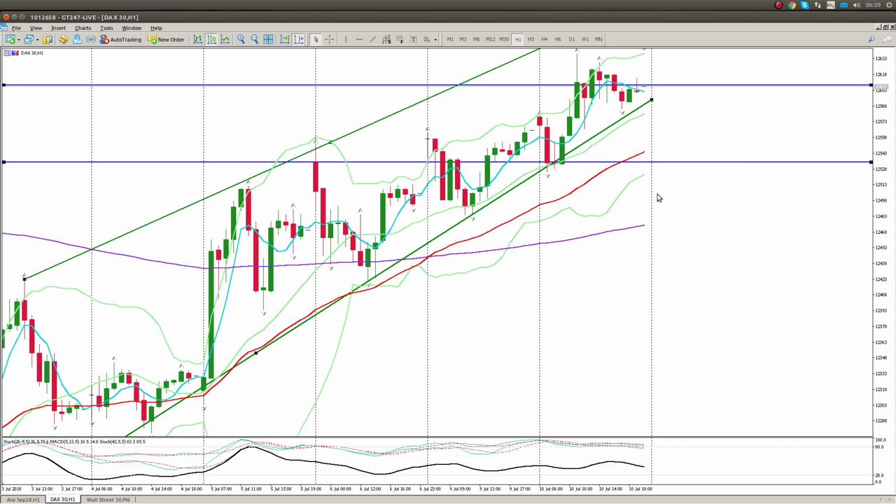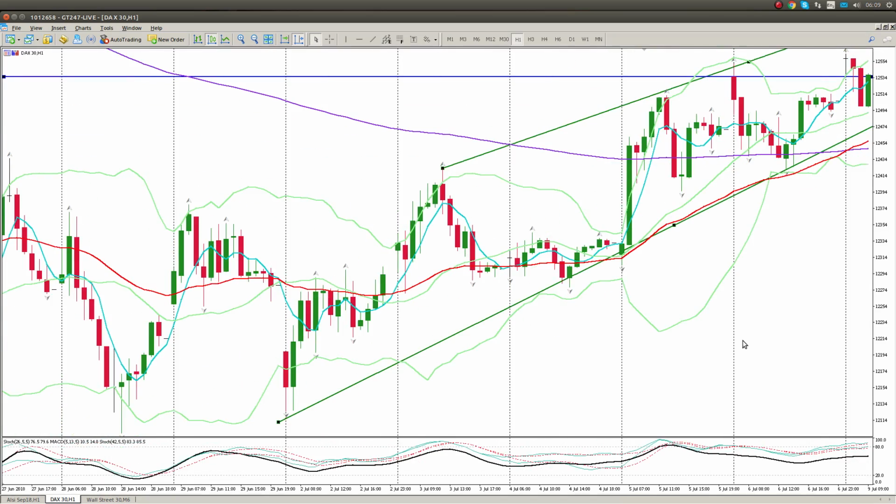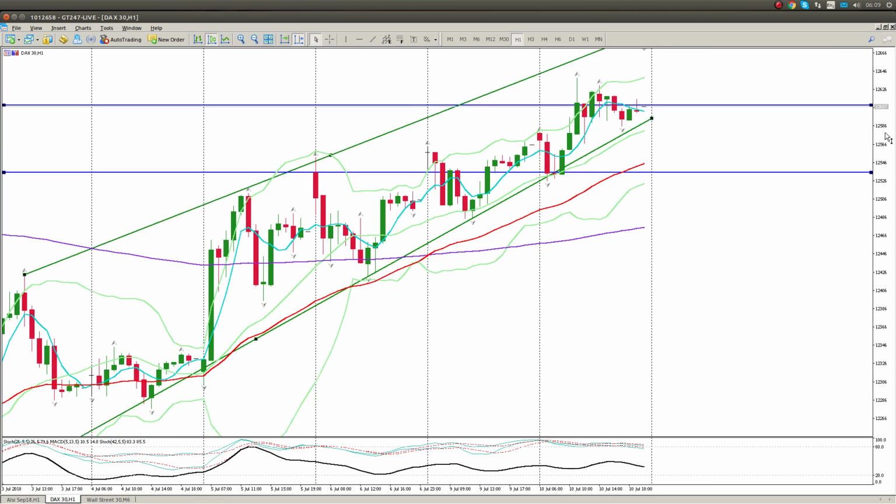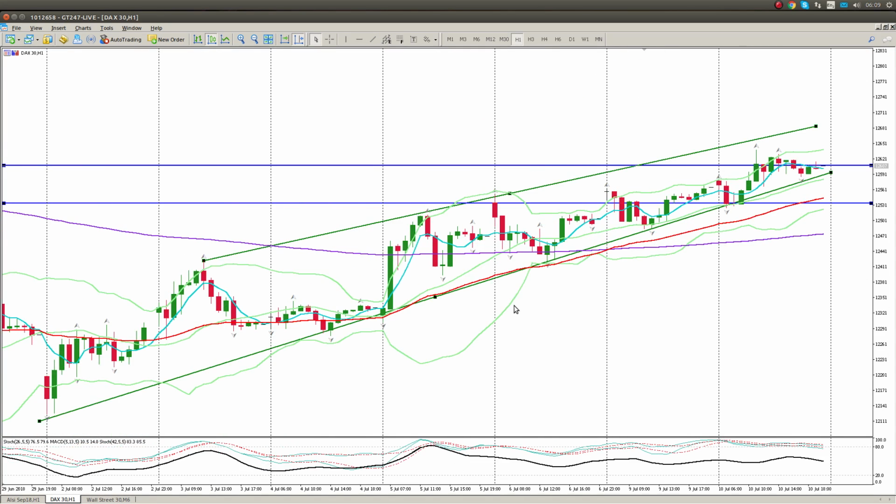So what I want to see at the open is a little bit of a rally, and then we should see some more downside.